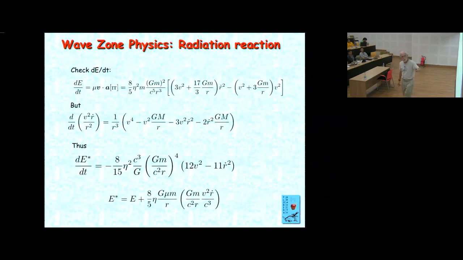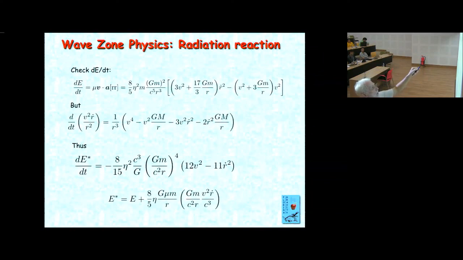And so it turns out, you can look at this particular combination of V squared R dot over R squared. If you take its time derivative, you get that expression. Here, just using the Newtonian equations of motion, because we're already at 2.5 PN order, we can clearly use Newton to manipulate these expressions. But you notice that this thing has a V to the fourth minus 3V squared R dot squared.